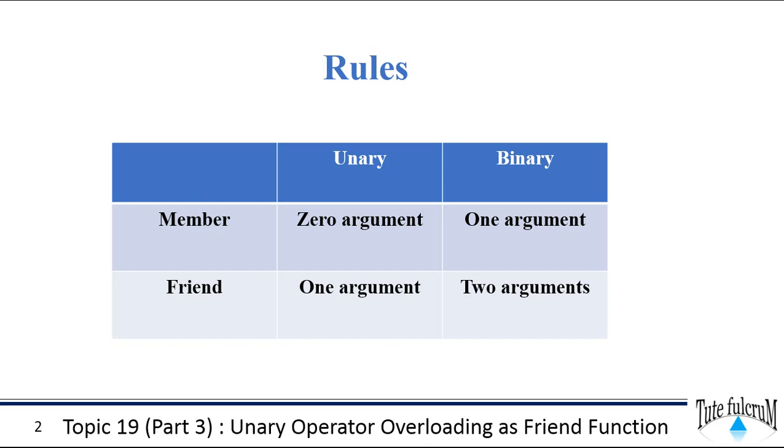Overloading a unary operator as a friend function of the class, which we'll be doing in this session, the functions of such kind should take one argument. If you're overloading a binary operator as a member function of the class, there should be one argument, and overloading a binary operator as a friend function of the class, there should be two arguments to the operator overloaded function.